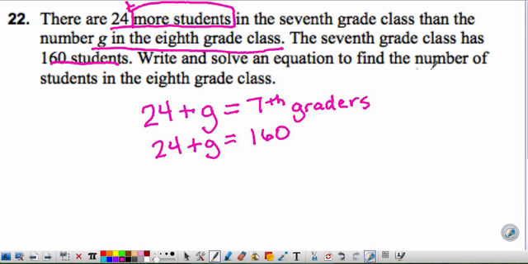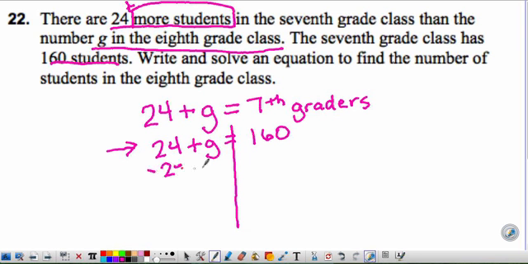Write and solve an equation to find the number of students in the 8th grade. Well, look at this. You've already written the equation. You're halfway done, just writing down the things that you knew. So now all we have to do is solve it. We're solving for G, which means we got to get it by itself, which means we got to move this 24, minus 24.